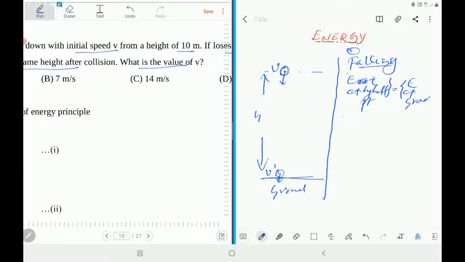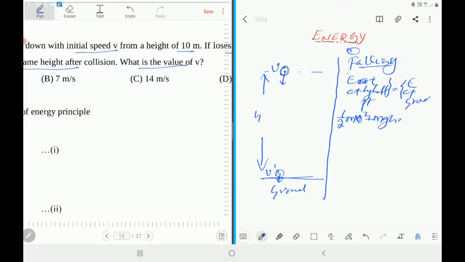What's the energy at the highest point? It's the sum of two energies, kinetic and potential, because the body was moving. What's the kinetic energy? Half m v squared, because when it is dropped from the level, the initial velocity is not 0. It was moving with velocity v, that's why half m v squared, plus it is at a height h, so m g h.